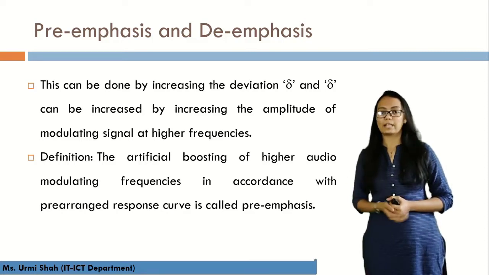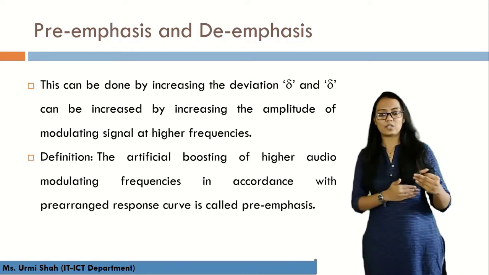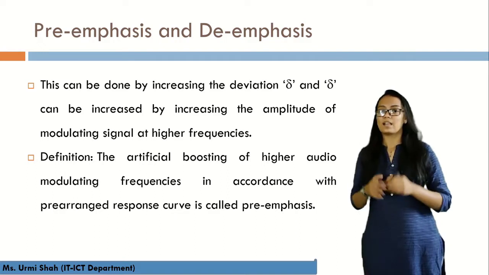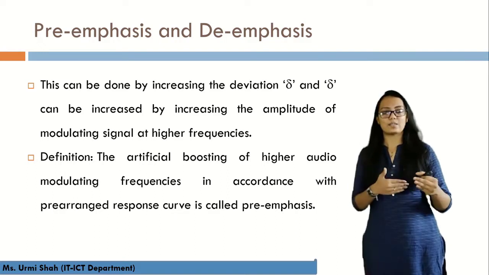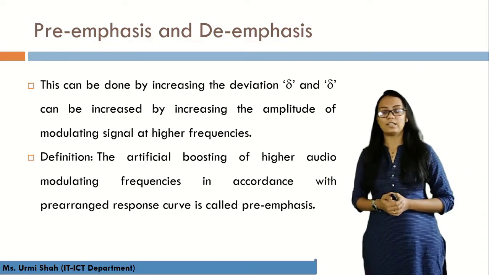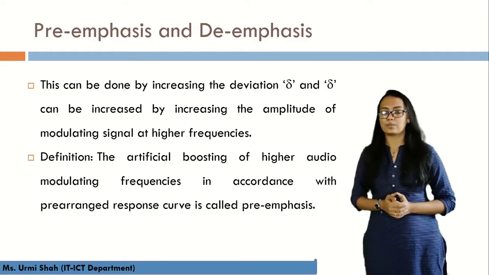So with respect to the modulating signal's amplitude variation, we vary the deviation of the FM signal such that it can be transmitted from one end to another without any introduction of noise at higher frequency levels. This process is known as preemphasis.